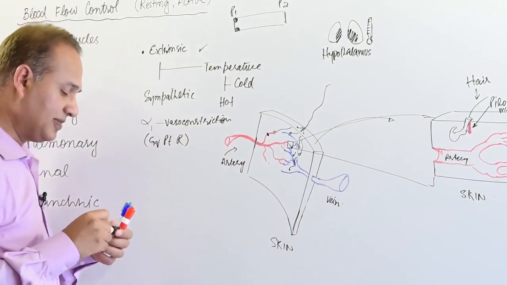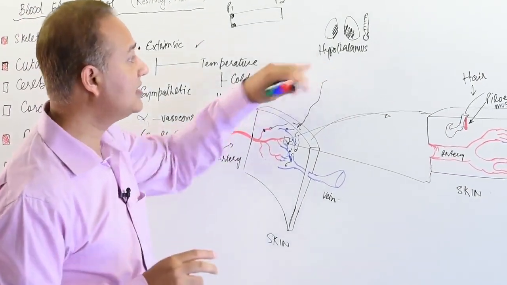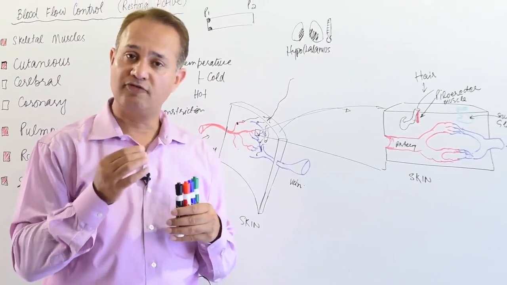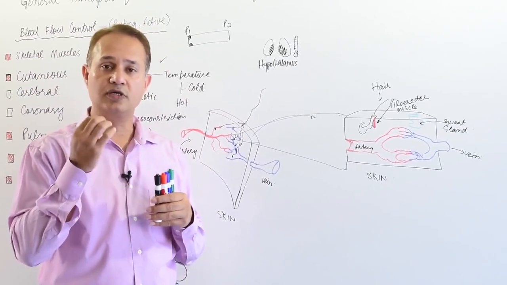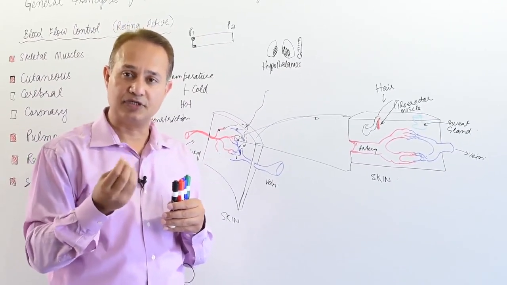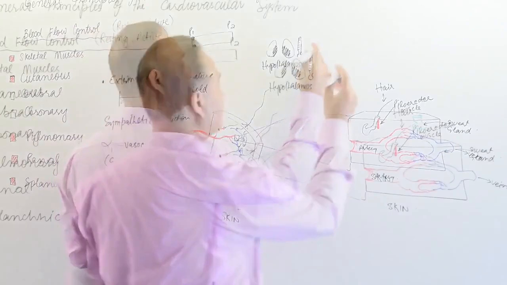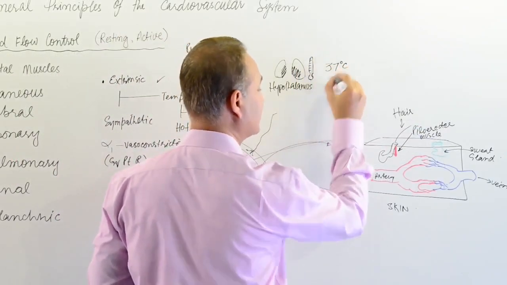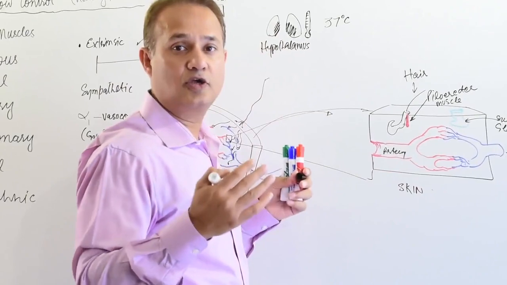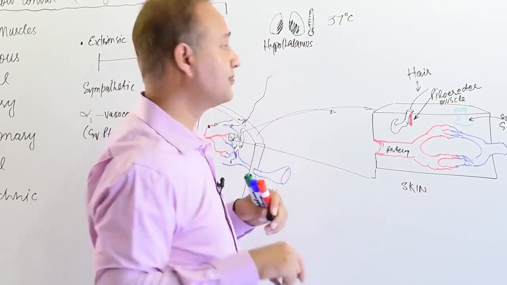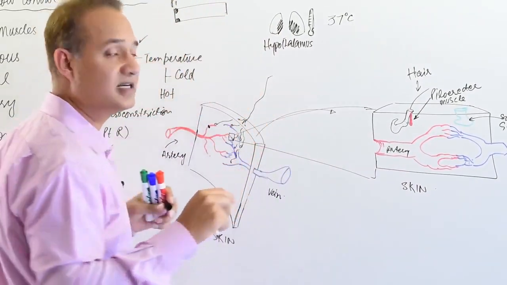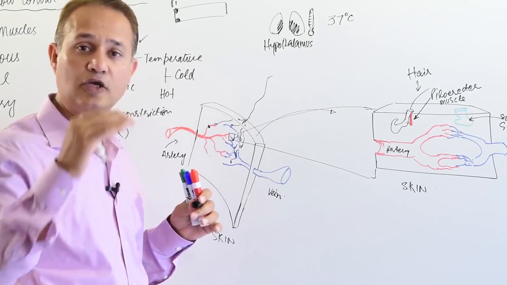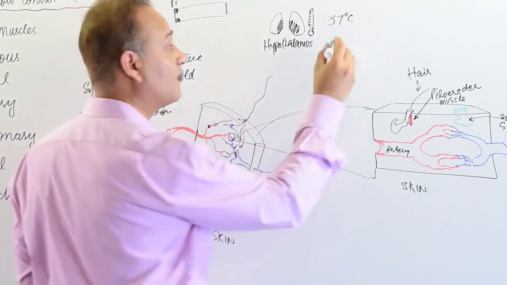A very interesting mechanism here. We know that the anterior hypothalamus has modified neurons that assess the temperature, and our normal temperature, which we call the set point, is 37 degrees centigrade. That is a normal temperature. However, in certain cases, this set point can go up. For example, in case of fever, what happens?